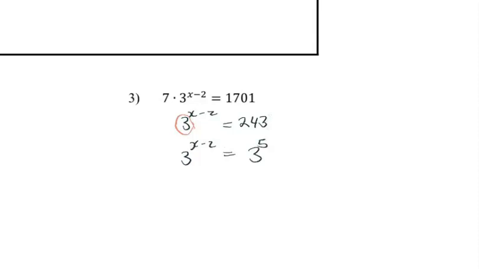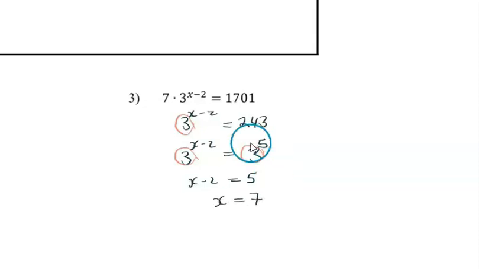If I play around a little bit, remember we have 3 squared is 9, and another 3 squared is 9. 9 times 9 is 81. If I multiply 81 again by 3, I get 3 to the 5, which is 243. So in this case, I have x minus 2 equal to 5, and now we can conclude that our answer is 7.